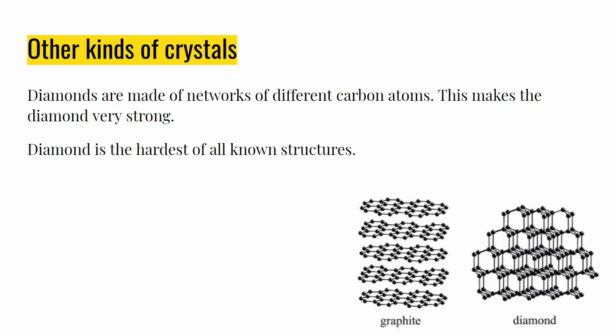Now, diamond is the hardest of all known structures, and this is true. That's why diamond is so valuable. Not only is it valuable as a rare, precious gem, but it's also extremely valuable in cutting things. Diamond-edged blades are used to cut glass and to do all kinds of different things that are extremely important.